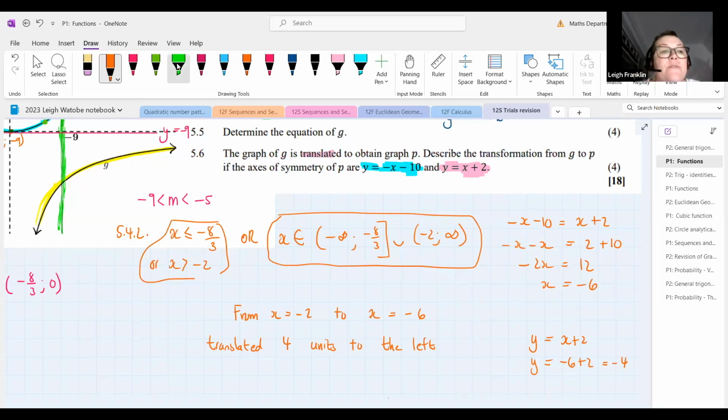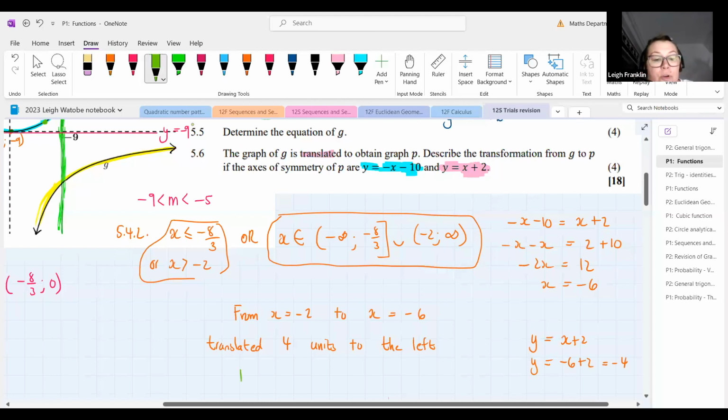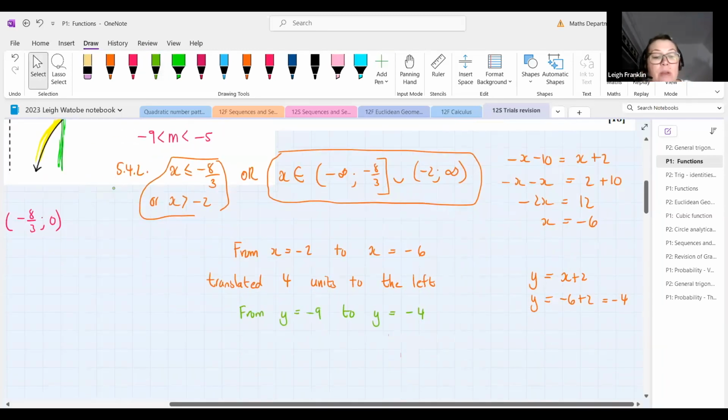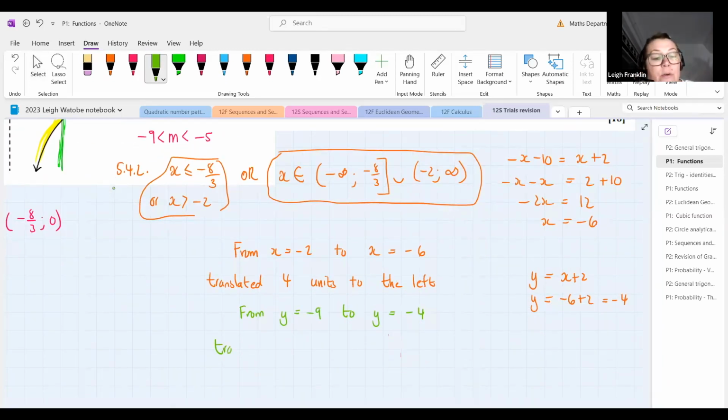So as far as y is concerned, we've gone from y equals -9 to y equals -4. So that would have been translated how many units? 5 units up. Beautiful, Kanyiso.